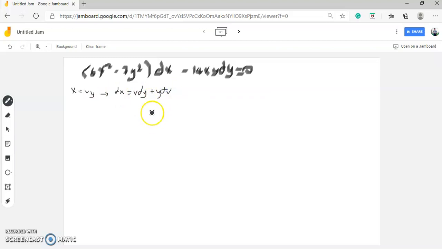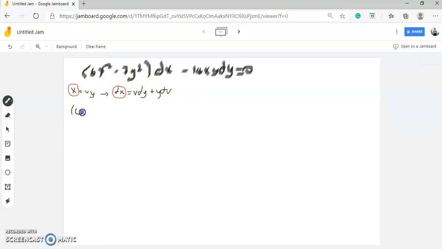From here, we will substitute this x and this dx to our given equation. Substituting is literally putting this value inside your variable.